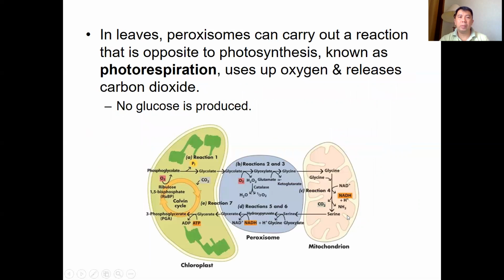In plant leaves, the peroxisomes can carry out reactions that are opposite to photosynthesis. As you know, photosynthesis uses carbon dioxide and water to synthesize glucose, whereas photorespiration is a process that uses oxygen in the presence of light to produce carbon dioxide, but no glucose is produced, as in cellular respiration.